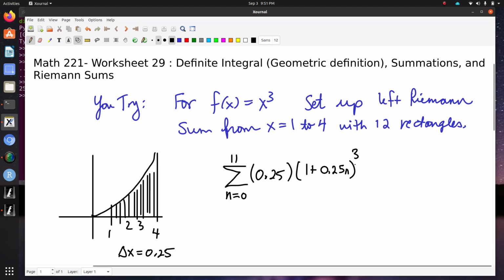But if we were to accidentally put a 12 in here, it's good to test that, to make sure that if we make that a 12, it actually reaches the b endpoint. So you sort of cheat a little as a test to make sure it reaches. Okay, and who knows what that is? Who cares? The object of the game was to set it up, not to evaluate it. And so that's the object of that game.